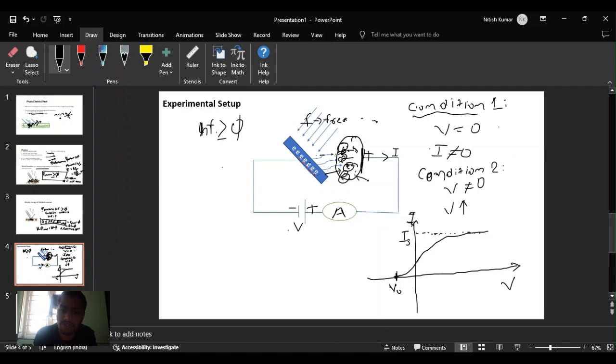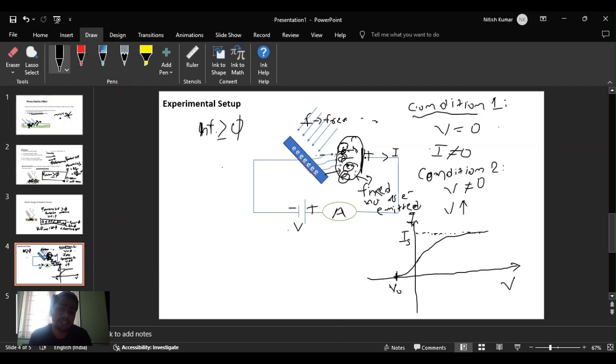A fixed number of electrons are emitted. So a time will come, as we increase the potential, when most of the electrons get attracted to this plate, and all the electrons come from here to this plate.